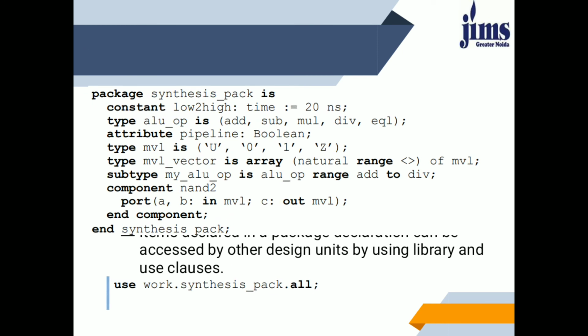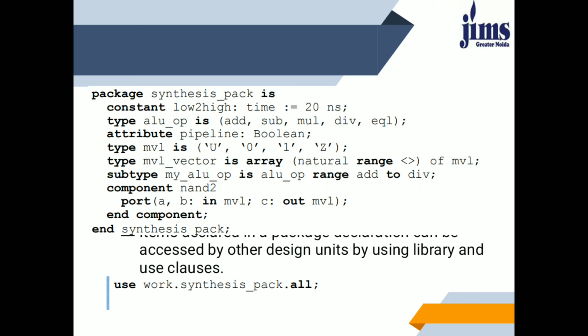Now let's take an example. Suppose we are defining a package synthesis underscore package. In this I can define a constant value, low to high. This is a kind of time whose value is 29 seconds. In this package I am also defining a type, ALU underscore operation, which can use add, subtract, multiplication, division, equalize.